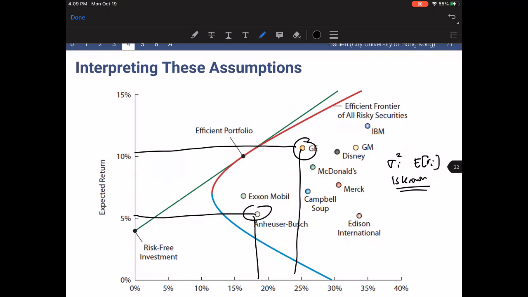Recall that is the third assumption for CAPM, and therefore no other info is relevant.